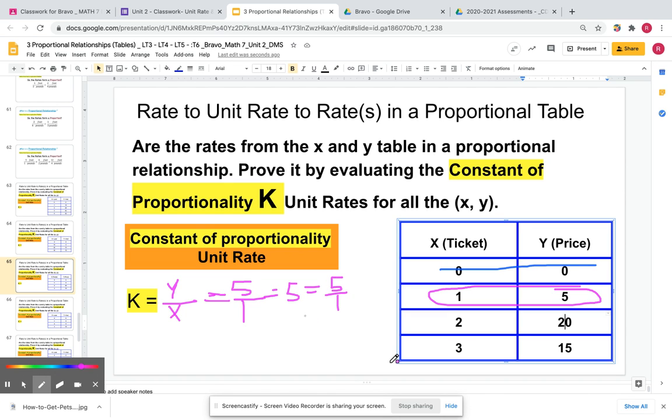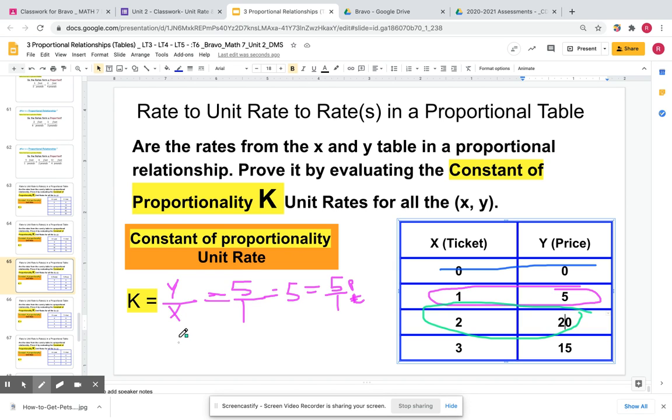All right, so far the unit rate is $5 for one ticket. So you're paying $5 for one ticket, and the symbol there is T for tickets. We'll find out if that's true for all the pairs of points. So we're going to look at the middle one. By the way, that's my cursor in there. It's actually 20.